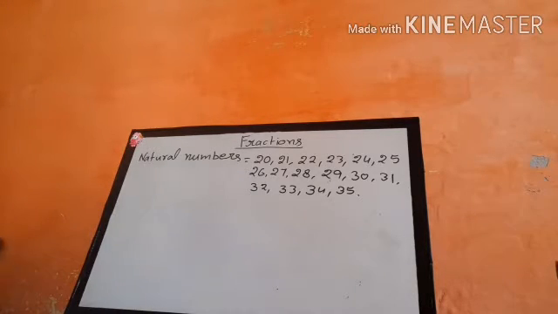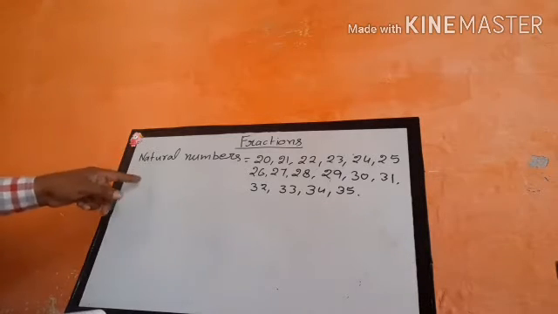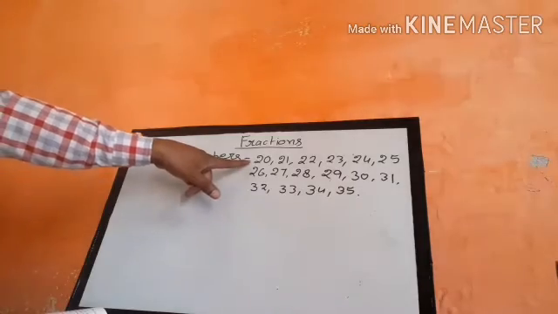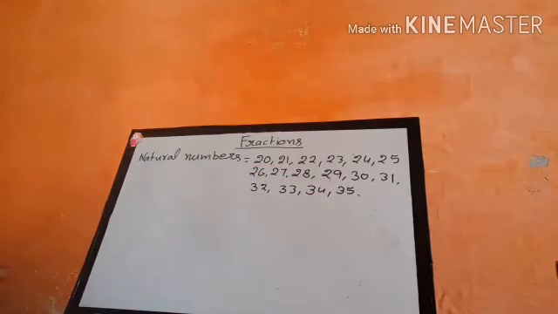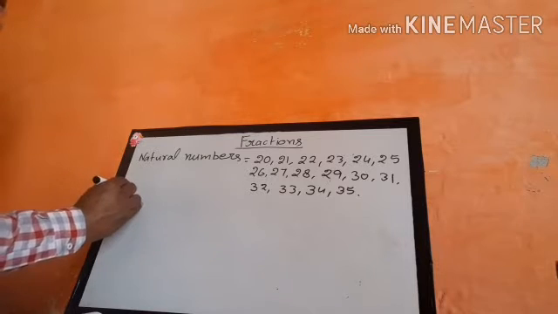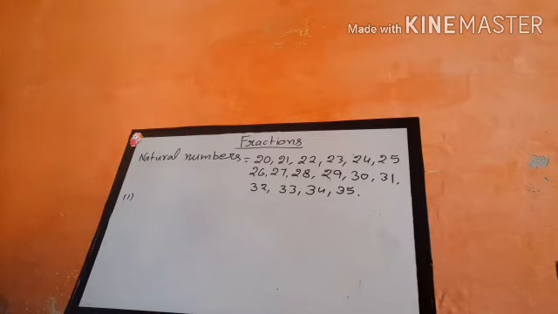Here the next question is: write all natural numbers from 20 to 35. What fraction of them are, first, prime numbers? So guys, here I have already written the natural numbers from 20 to 35. Now the first part they are asking about is the prime numbers.